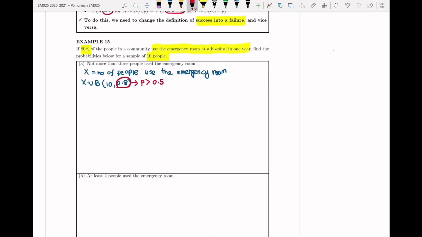But here we have p greater than 0.5, so we need to change to Y, the opposite of X. If X is the number of people who use the emergency room, then Y is the number of people who did not use the emergency room.